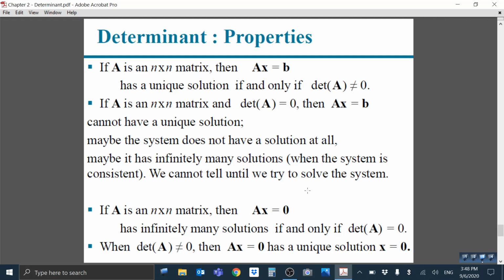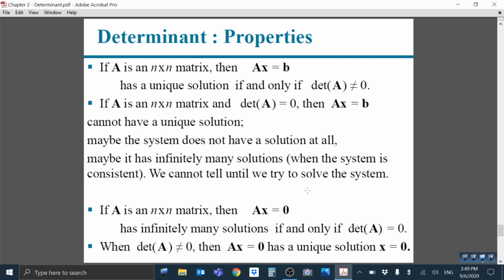Last part, if I have a homogeneous system with a square matrix, so A square, and the homogeneous system is Ax equals 0, well, that homogeneous system has infinitely many solutions if and only if the determinant of the matrix is 0, which means the system has infinitely many solutions if and only if the matrix is not invertible. Determinant 0 means matrix not invertible.